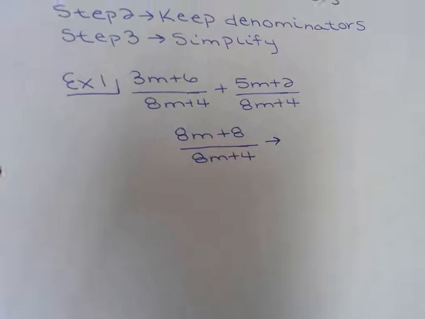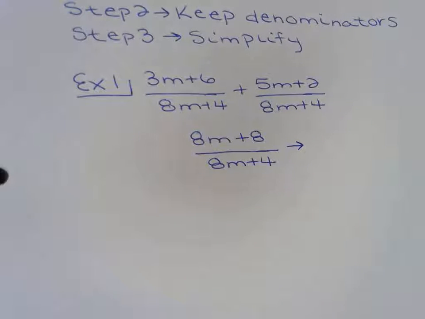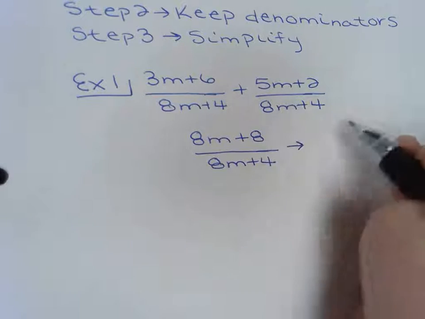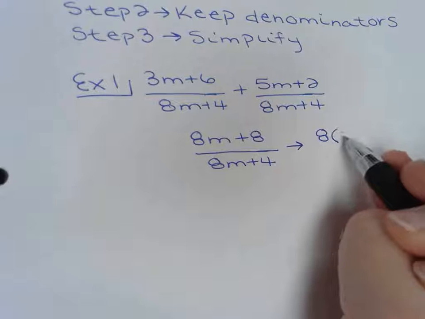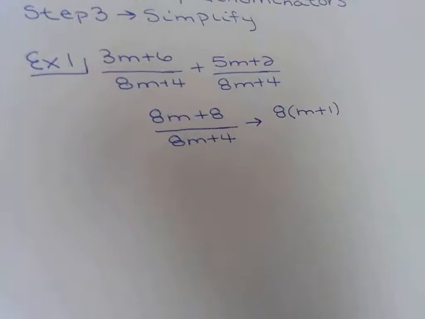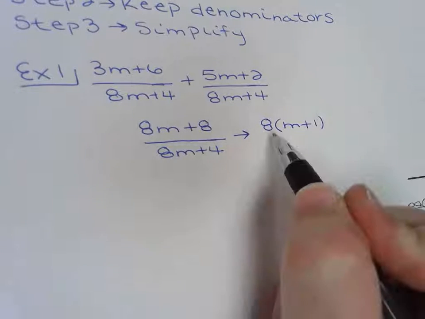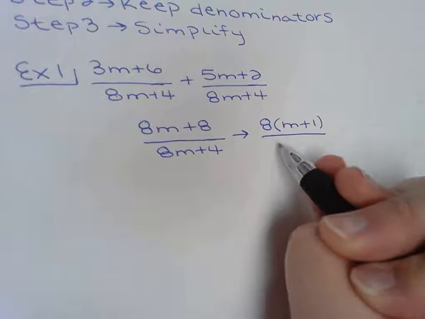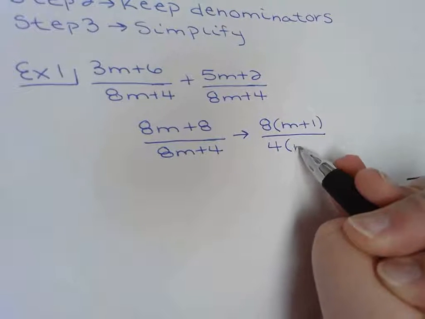Once you add the things, simplify, factor like we just did on the first part. So what can I factor out of 8m plus 8? 8. So I'm going to take an 8 out and I get m plus 1. Take an 8 out, so you have an m plus 1 left. What can I factor out of the bottom? 4. So I have an m plus 1 left.